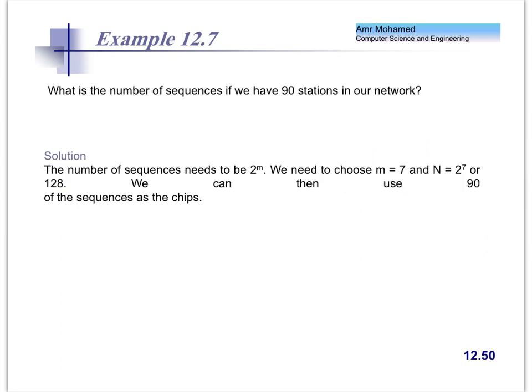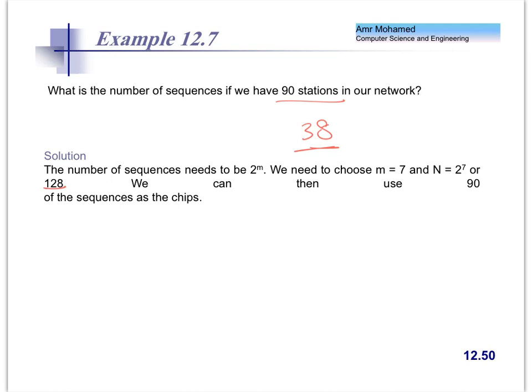So for reception, what if we have 90 stations? We cannot have a Walsh table of 90 by 90. We know that. So it has to be of size 128. So for that size, 38 codes are not going to be used, which we can use for future growth of the network.